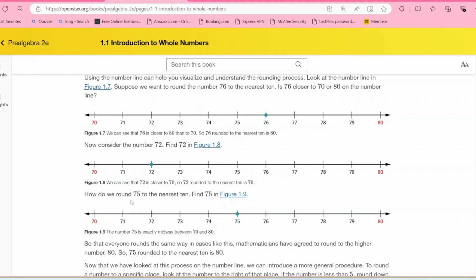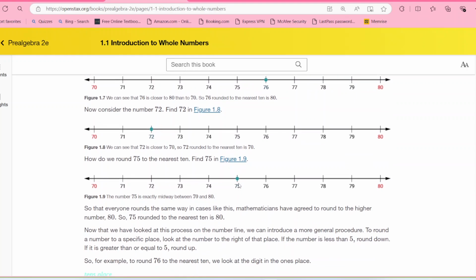But how do we round 75 to the nearest 10? Find 75 in figure 1.9. There it is. It's exactly midway between 70 and 80.